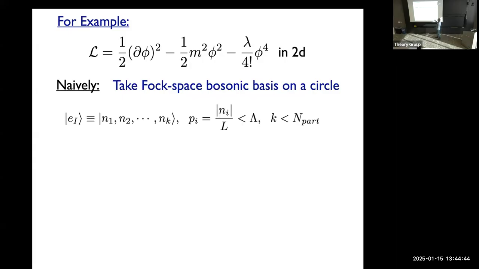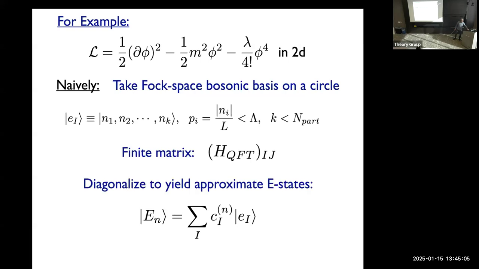You might choose a truncation by which you never consider momenta above a certain value, and you restrict yourself to some number of particle states that renders a finite subbasis of the full Fock space. Then you compute the Hamiltonian in this basis, and you diagonalize it, and you get approximate eigenstates in terms of the Fock space basis.